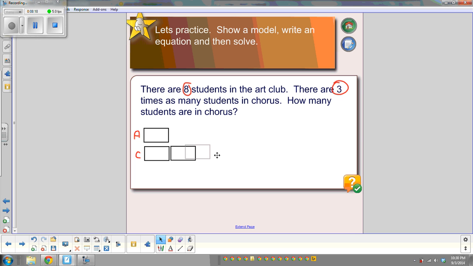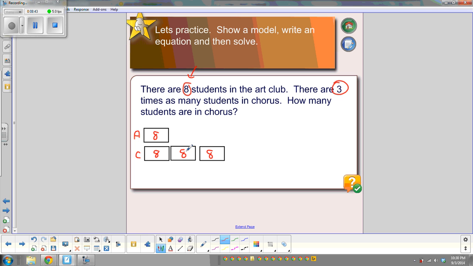And what is the number inside the box? How many students are in this box? Good, it tells us right here: 8 students in the art club. That means there's got to be 8 students in each of these boxes. All right, so what is our equation then? We got our model, now we need an equation.